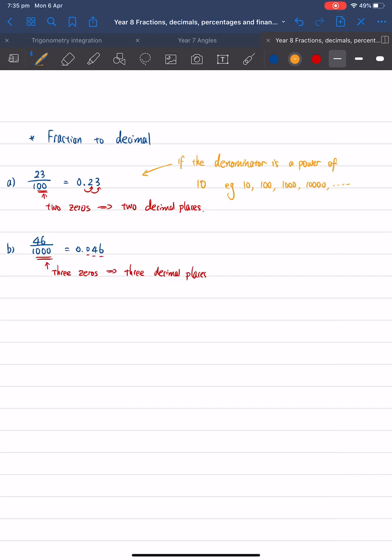So it's like this question here. Let's just say if the denominator is not a power of 10, then what we need to do is we try to find an equivalent fraction for which the denominator is a power of 10.